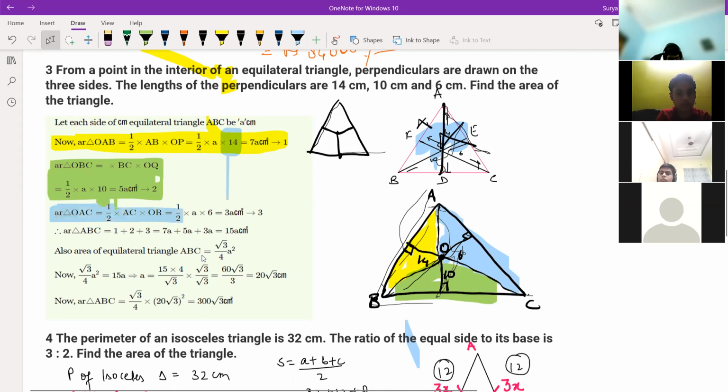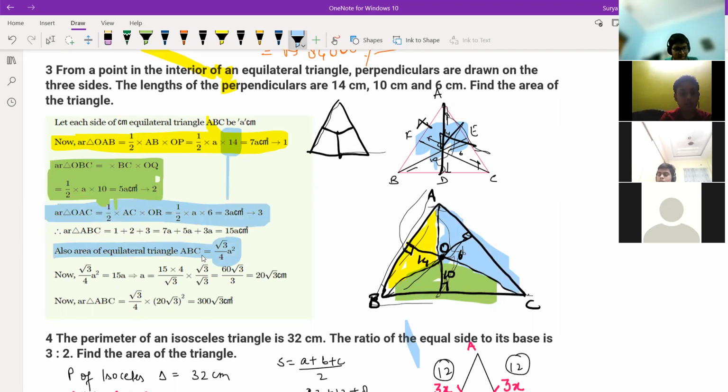Now the 3 parts are given in front of you. The whole triangle is divided into 3 parts: OAB, OAC, and OBC. So these 3 parts you just find. And they have given here an equilateral triangle. It means that this whole thing is AAA, right?